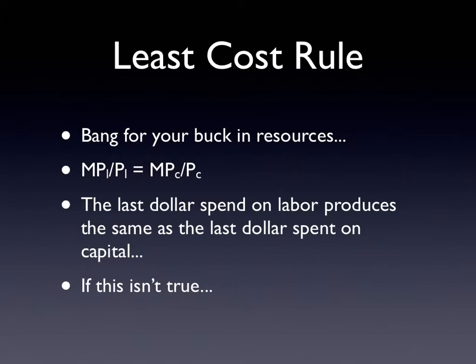So to maintain that 500 units exactly, you should reduce the amount of money that you're spending on capital by hiring less of it, and use those funds to hire more labor because they're providing more bang for the buck. So we can use this ratio here to tell us whether we should hire more labor or more capital if we are trying to be more efficient in our use of resources.